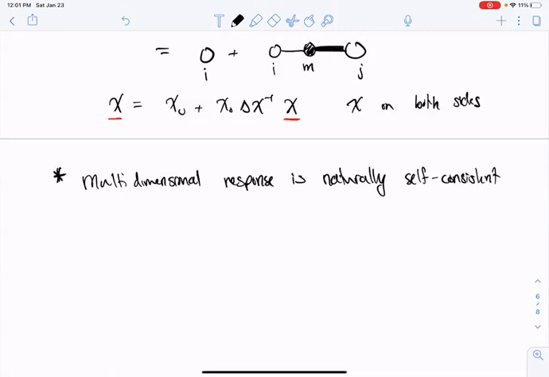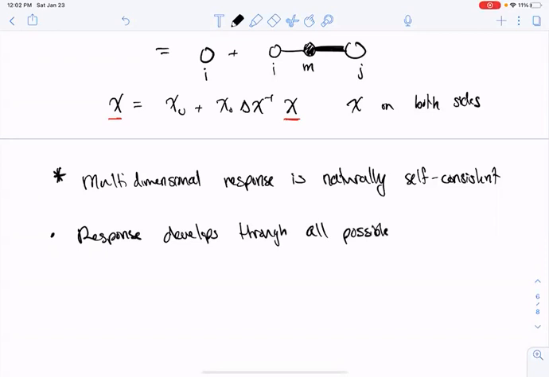It also lets us understand how response develops at linear order, and it does through all possible 2-point correlations.